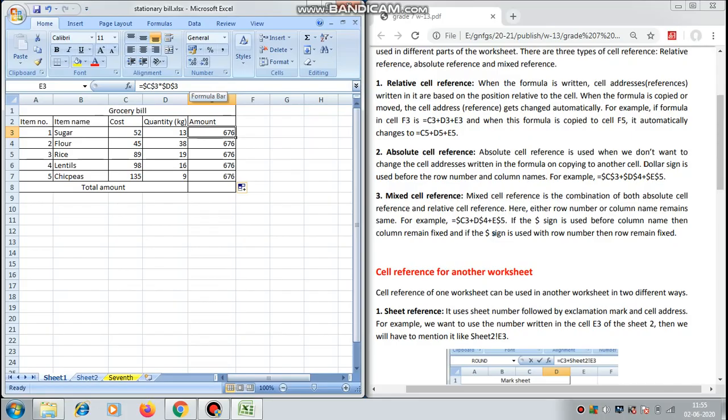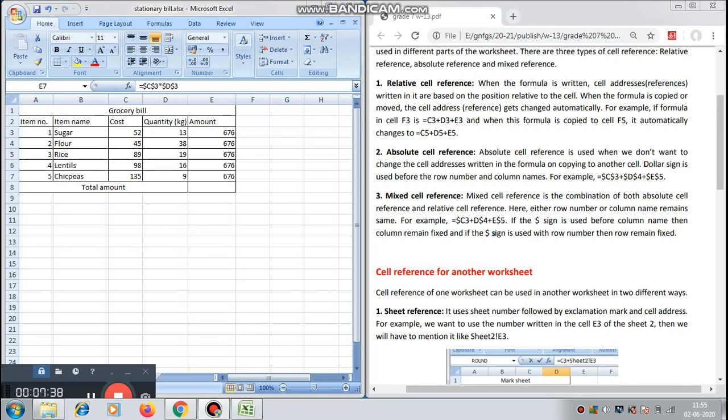Here also we use the same formula. Now on dragging, the formula is not changed. Here also you can see the same formula is used, right? So this was about absolute cell reference.